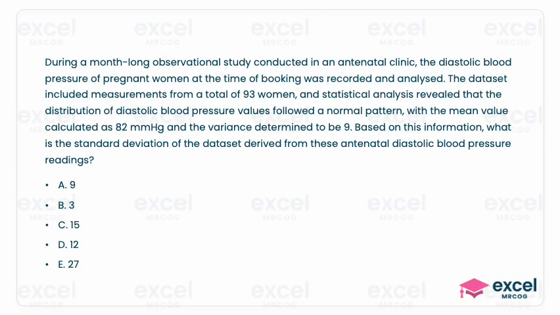During a month-long observational study conducted in an antenatal clinic, the diastolic blood pressure of pregnant women at the time of booking was recorded and analyzed. The data set included measurements from a total of 93 women, and statistical analysis revealed that the distribution of diastolic blood pressure values followed a normal pattern, with the mean value calculated as 82 millimeters mercury and the variance determined to be 9.